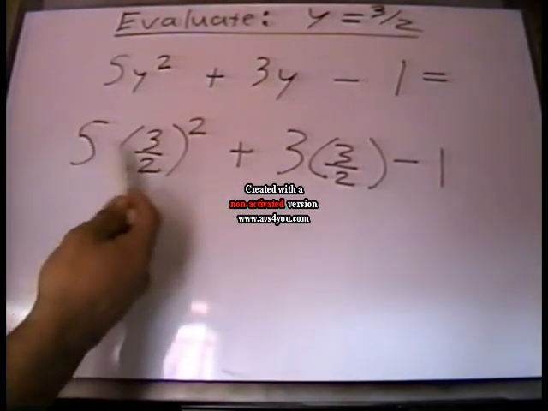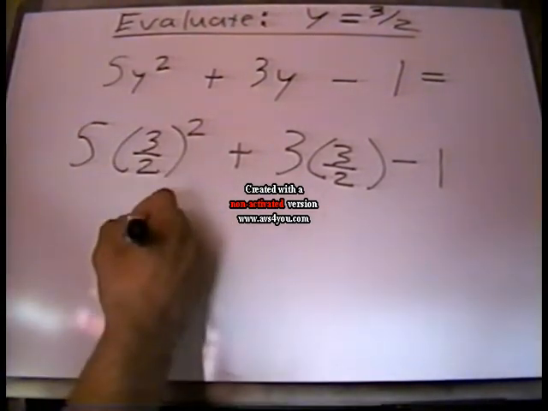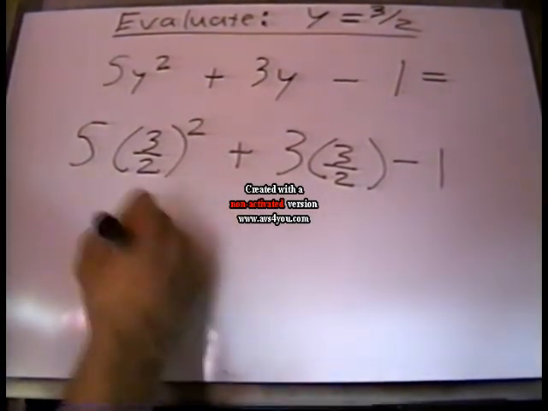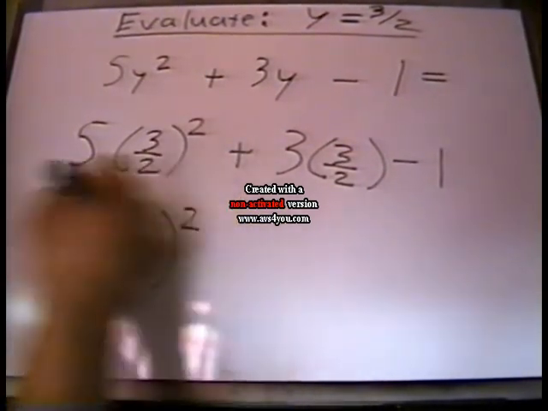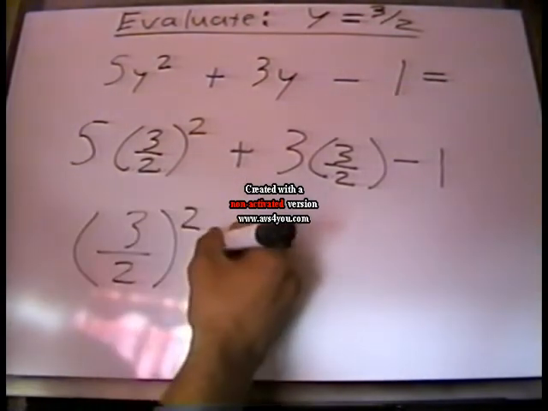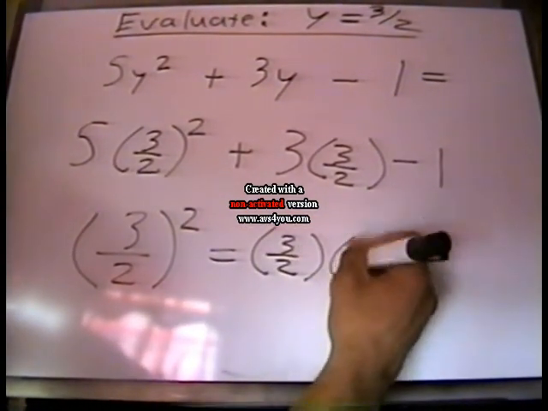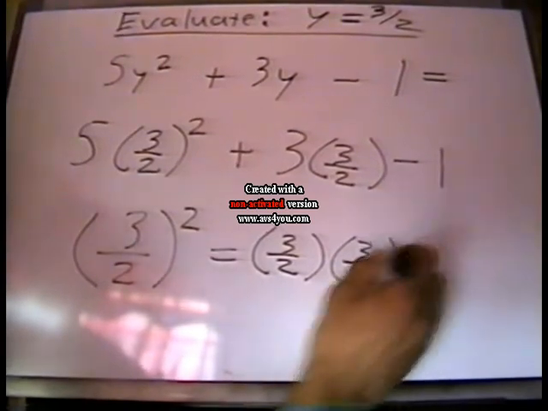You don't multiply first, you evaluate the powers first. So 3 halves squared is equal to 3 halves times 3 halves.